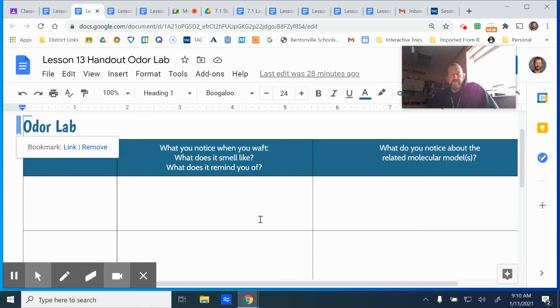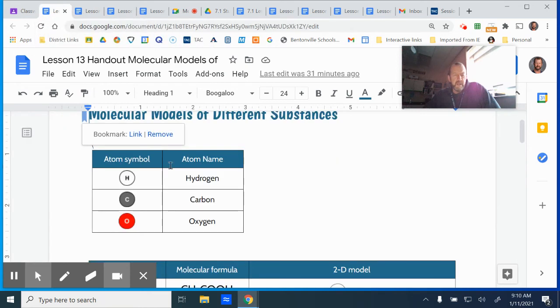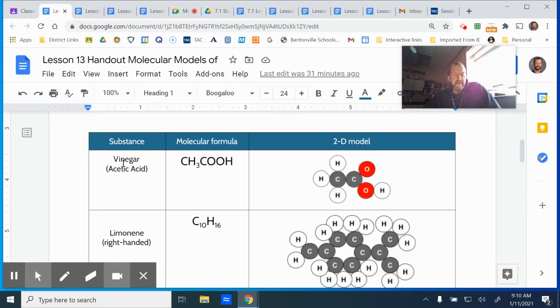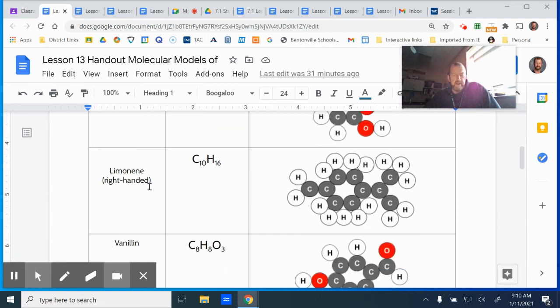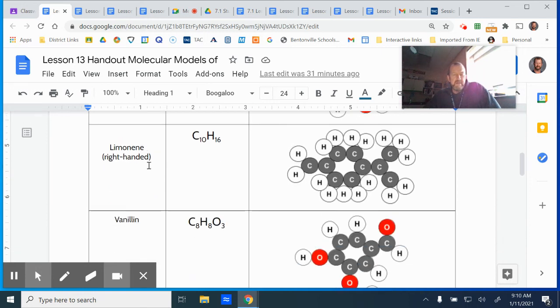And then there is a chart here that has vinegar, and it shows you the molecular model of vinegar, limonene, which is the citrus odor from lemon.